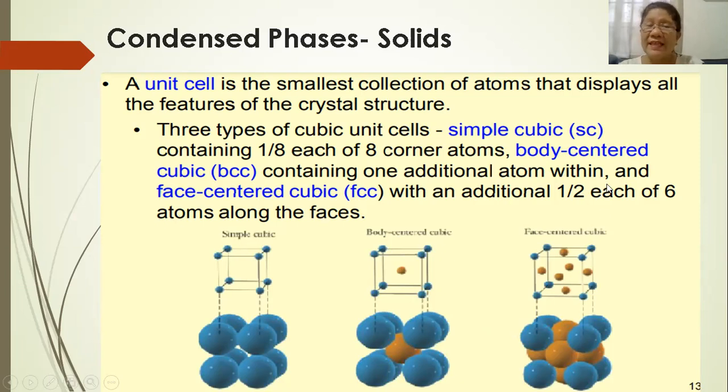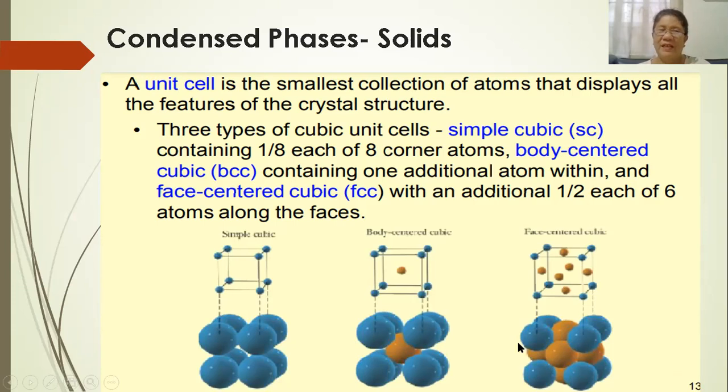It has 8, then after 8, there is an additional 6 here. Take a look. Compared to the body-centered one, the face-centered cubic has six in between, covering or alternating the gaps between the faces. So 8 and then 6.